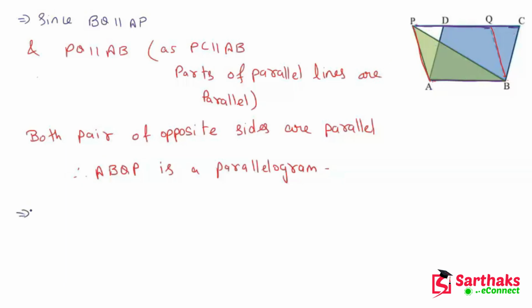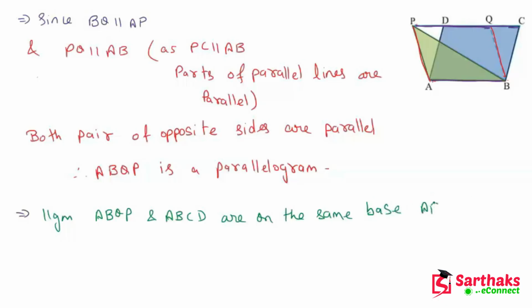So we can write: parallelogram ABQP and ABCD are on the same base AB and between the same parallel lines, which are AB and PC. My dear friends, I hope you get this point.